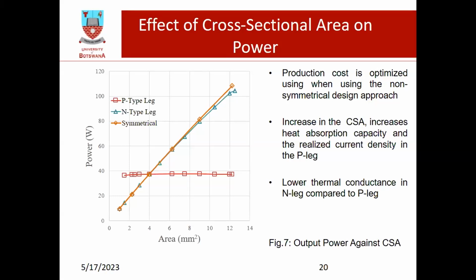But on the factor of production cost, it is optimized when you use non-symmetrical modules, because the raw material used to generate these modules is less for a non-symmetrical module than for a symmetrical module, which gives us the benefit and also the relative power that we would require for a module of these areas.